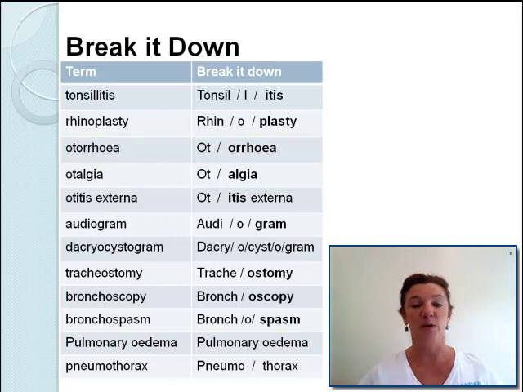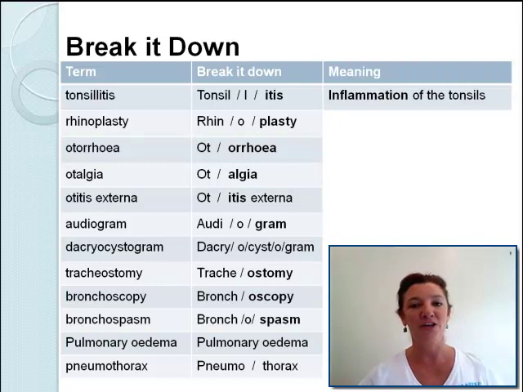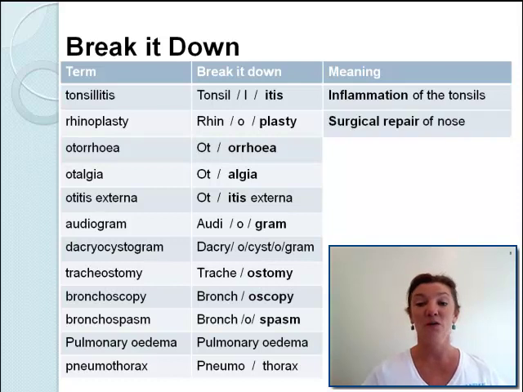So tonsillitis, well itis is our suffix, the L is an extra L, and tonsils are tonsils. So it means inflammation of the tonsils. Rhinoplasty, well plasty is our suffix, rhino means nose, so rhinoplasty is surgical repair of the nose.